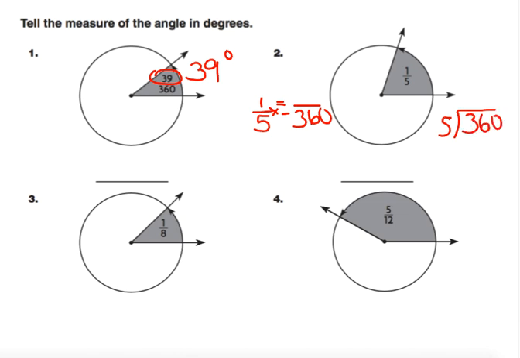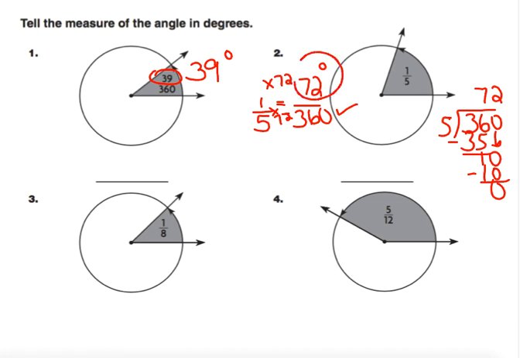So I'm going to divide, and 5, 7, 35. Subtract, bring down 2. So it's 72. So you might have to do a little work. 5 times 72 will give me 360. So 1 times 72 gives me 72. So again, over 360, look to the numerator, 72 degrees.